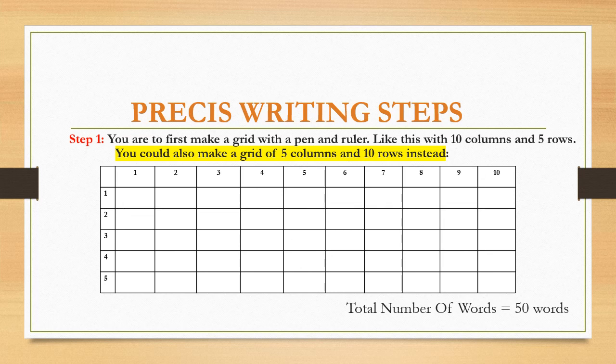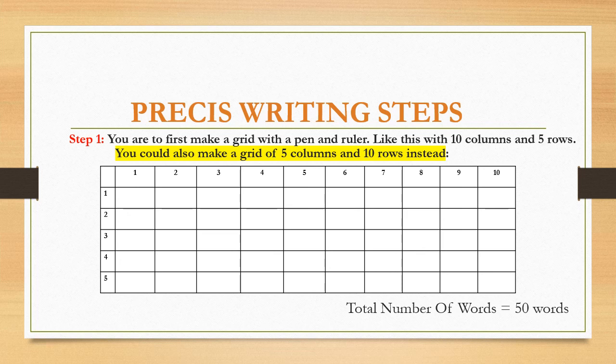Like you see, all my columns and rows have been numbered. So you also have to number your columns and your rows. And if you see carefully, there are 50 blocks or cells or squares for the 50 words that you have to write. So you have to neatly fit each word into each square.